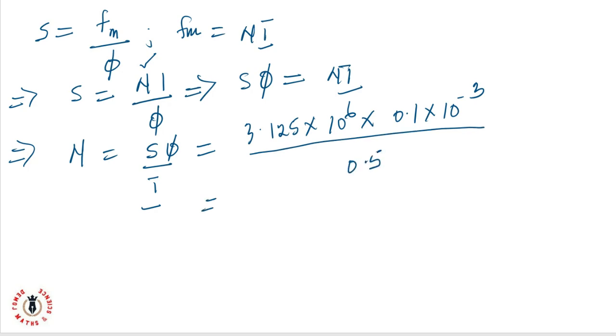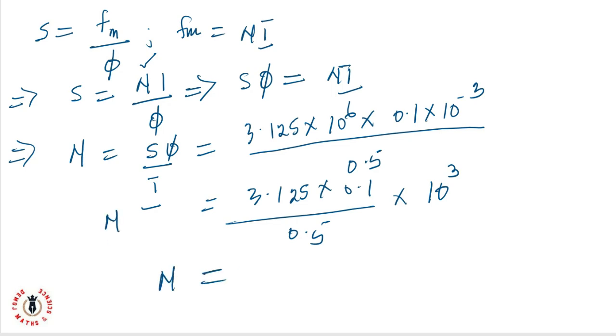This is the same thing as 3.125 times 0.1 over 0.5 times 10 raised to the power 6 times 10 raised to the power minus 3. That will be 10 raised to the power 3, from our lessons on indices. In case you missed our lesson on indices, we'll place a link to help you walk through it. And so my N finally, if you use your calculator, will be 0.625 times 10 raised to the power 3, which is equal to 625 turns.